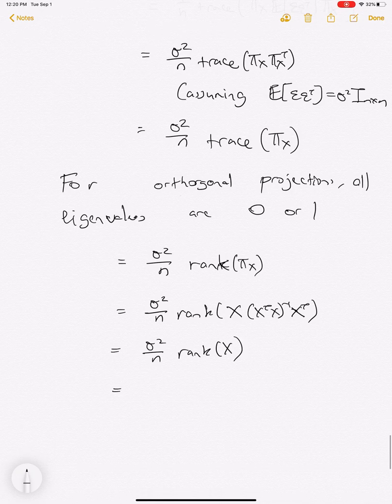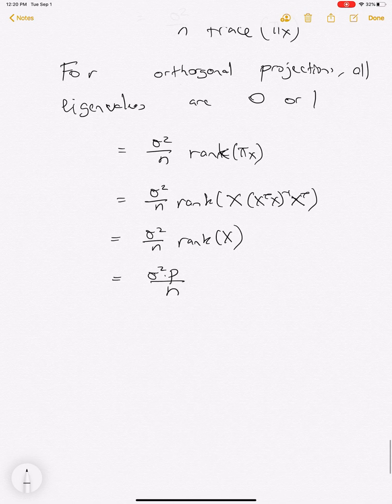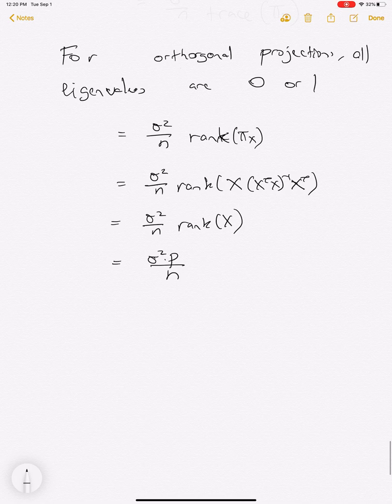And so you just get this very nice expression, sigma squared p over n. It's basically saying that p is the number of parameters, n is the number of samples, and sigma squared is the noise variance. One thing to note is there's no dependence on matrix X, which is pretty cool.